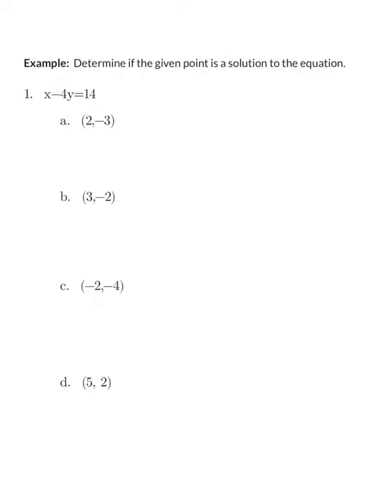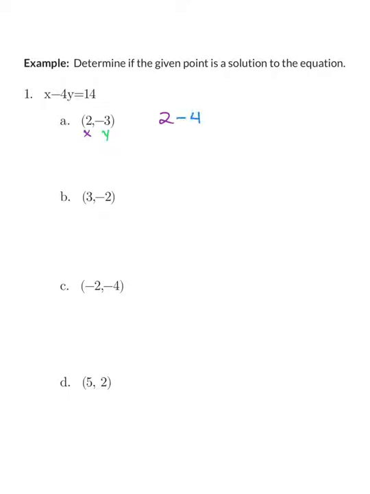So remember that in our ordered pairs, our first coordinate is x, and our second coordinate is y. So we want to replace any x's in our equation with 2, and any y's in our equation with negative 3.